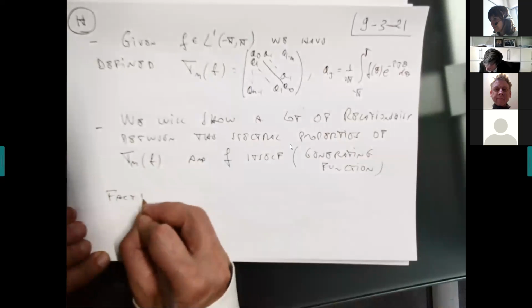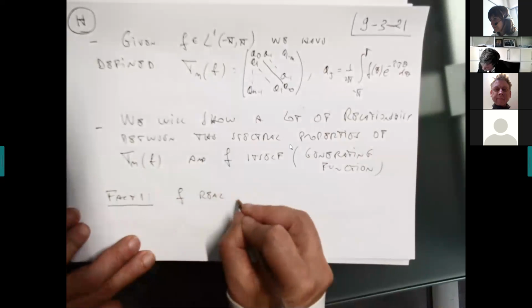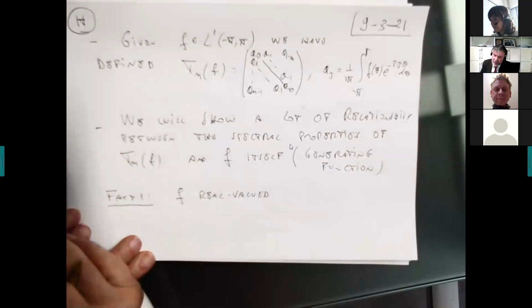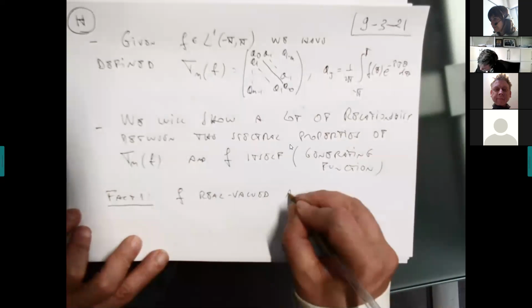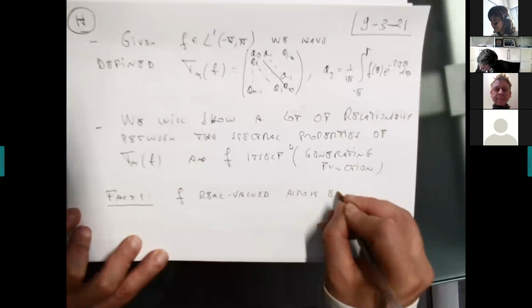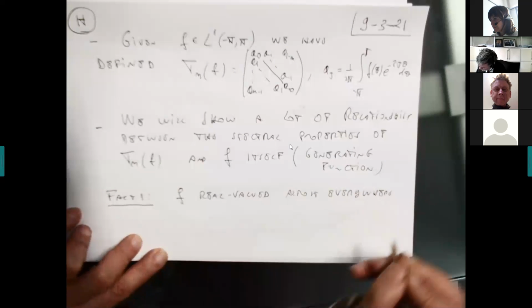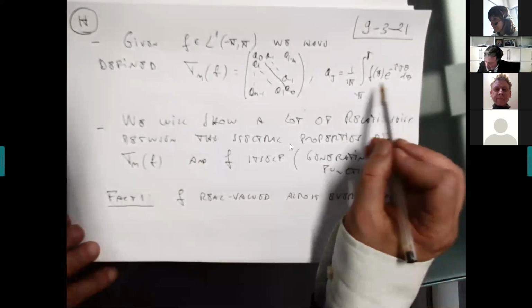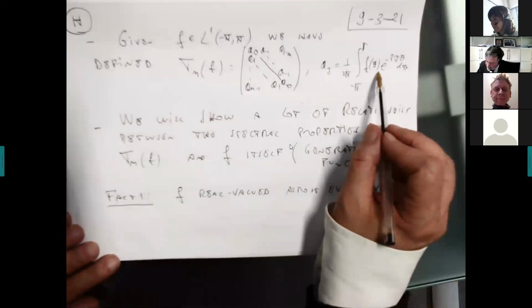Fact 1: f real valued. Since we are in L1, I should be precise mathematically, but there is no problem. Almost everywhere, so up to a zero measure set, which does not count in the computation of the Fourier coefficients, since there is an integral.